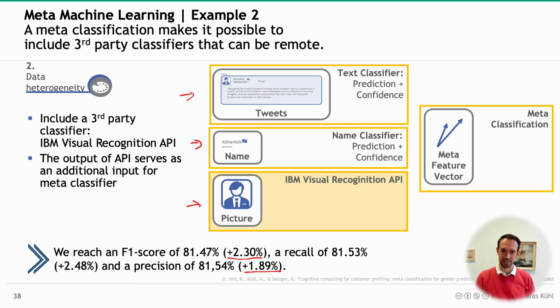In this specific case, you could see how high the impact was of adding an additional classifier that looked at the picture as well. Again, that works very much like we humans operate. We also look at different pieces of information, different data types, and then reveal the final outcome.